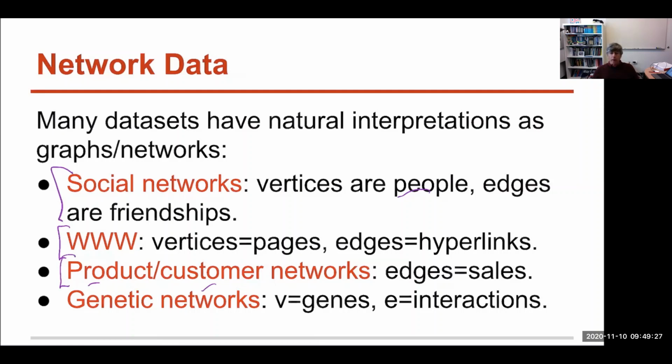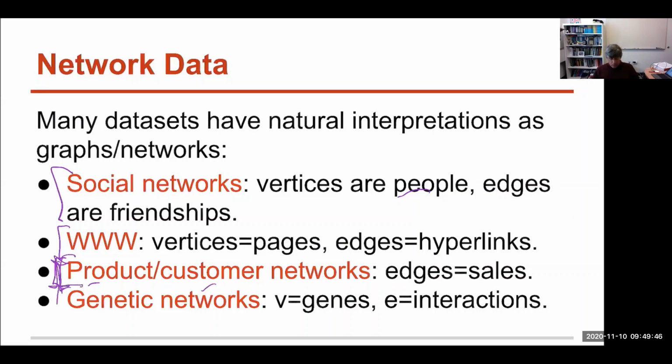It can be used for product recommendations, it can be used for marketing. Again, Amazon has gotten very rich dealing with this particular network, and analyzing this kind of sales data network is important.